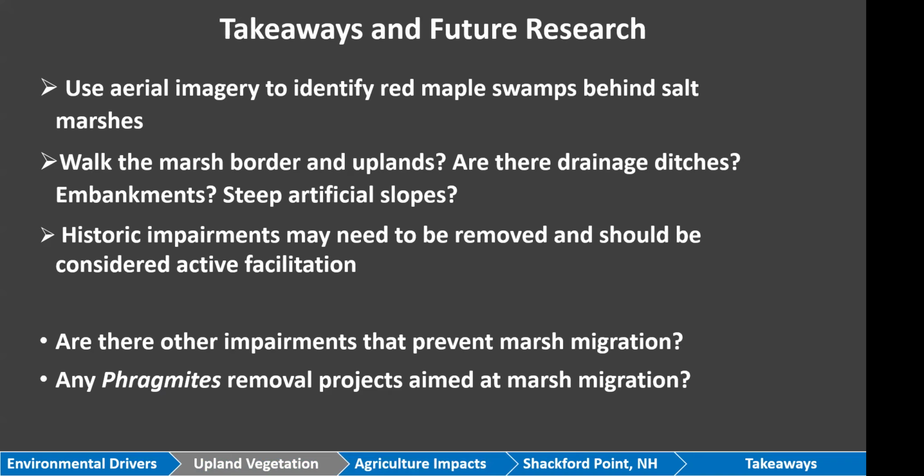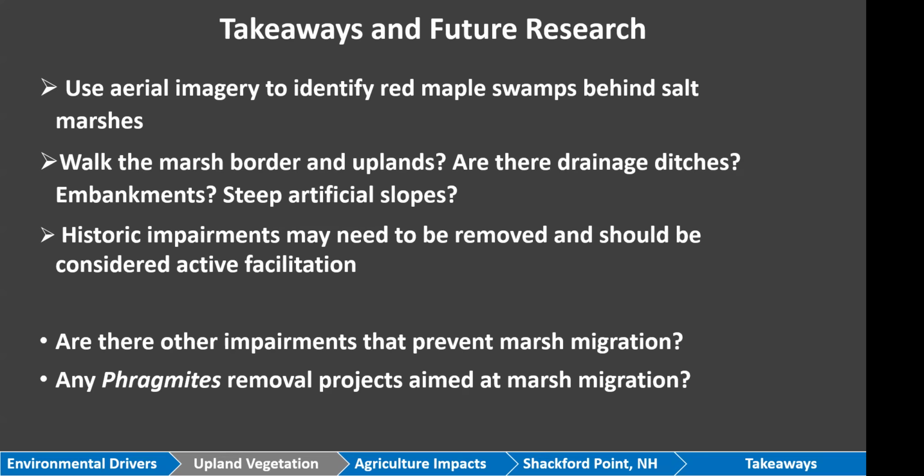So getting to know your site on a really deep level is really important for thinking about marsh facilitation. Additionally, if you're trying to facilitate marsh migration, you might need to remediate these historic impairments by either removing embankments or remediating ditches to at least restore the tidal flooding that should be happening at some of these sites.